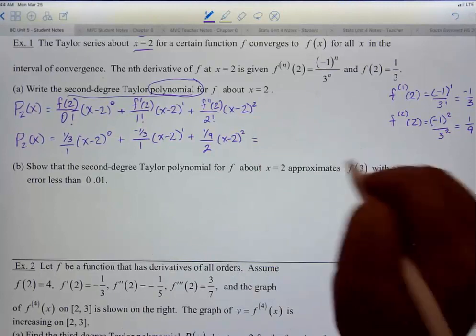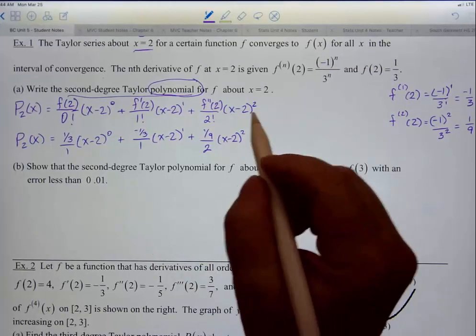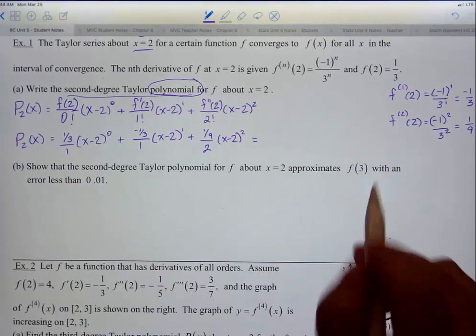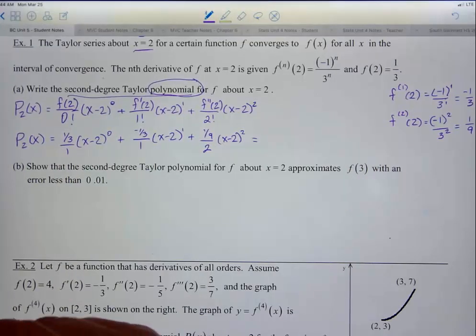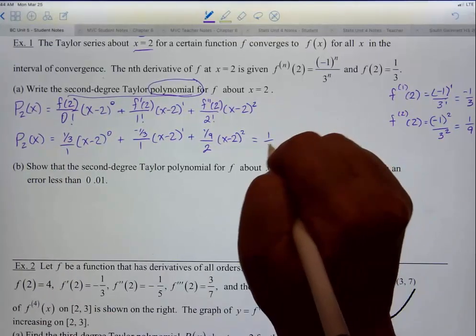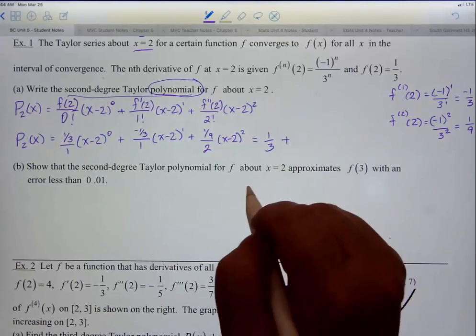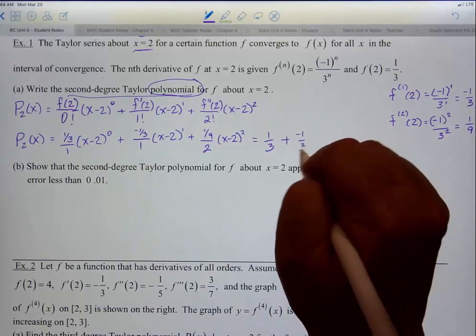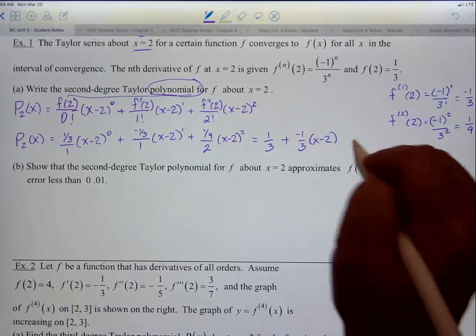All right, now we want to clean it even more. So we wrote the formula, we plugged in everything, now it's time to clean it up. First term, 1/3, that's it. Plus -1/3 times (x minus 2), do not distribute.